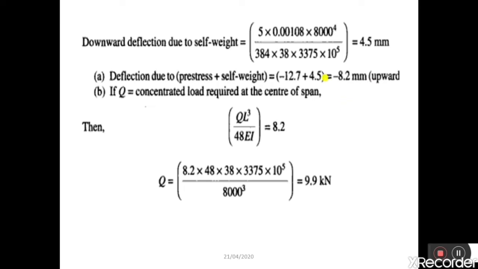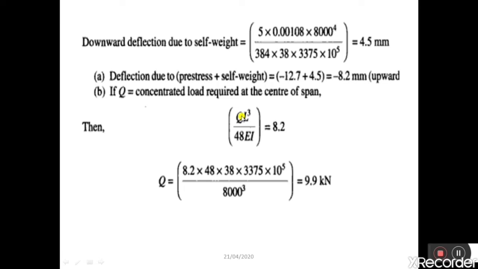So let us consider Q as a concentrated load which is required to obtain a deflection of plus 8.2 mm. So we have a deflection equation for a concentrated load or a point load, that is WL cube by 48 EI, or QL cube by 48 EI.